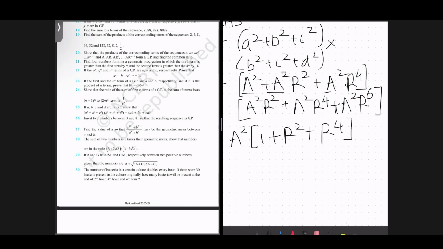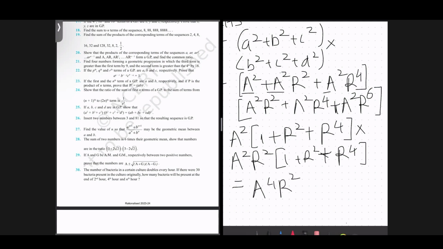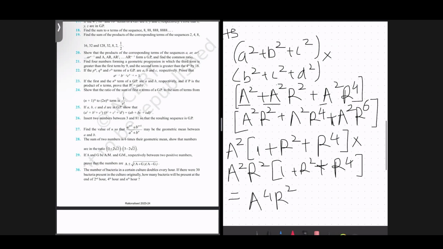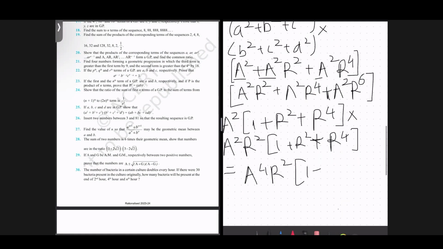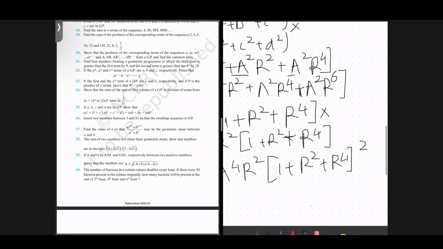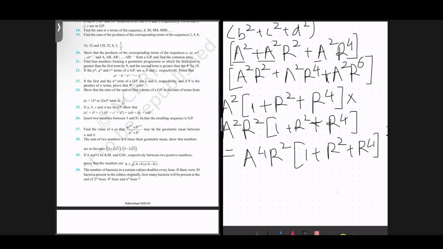From the second bracket, you can take out A square R square common, so you get A square R square, and in the bracket, 1 plus R square plus R raised to the power 4. When you simplify this, you get A raised to the power 4 R square into (1 plus R square plus R raised to the power 4) whole square. And this is going to be your LHS, right?